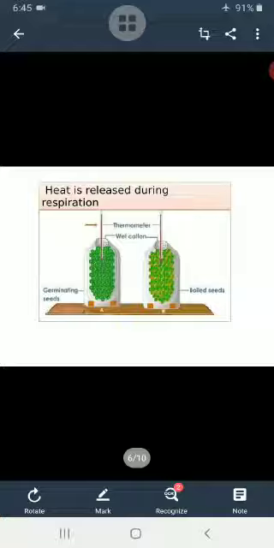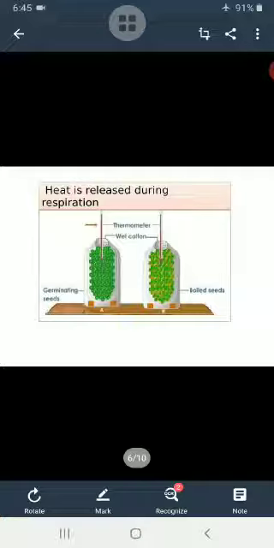Now use two thermometers in both flasks or containers to note down the temperature. When we measure the temperature in the beginning, we will see that the temperature of both the containers is almost the same, but when we note the temperature after a day, there is a change.